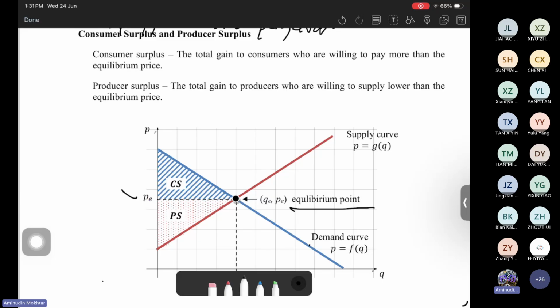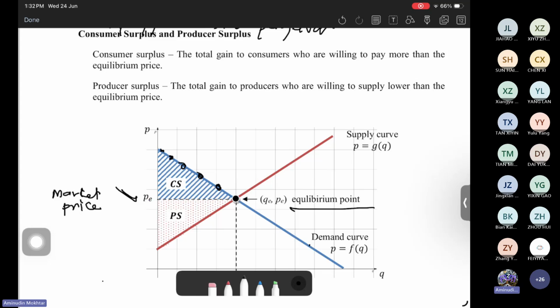Each price along a demand curve represents the consumer marginal benefit for each unit of consumption. The price along the curve also represents the price that the consumer is willing to pay. But the actual price paid by the consumer is PE. PE is also known as the equilibrium price or market price.